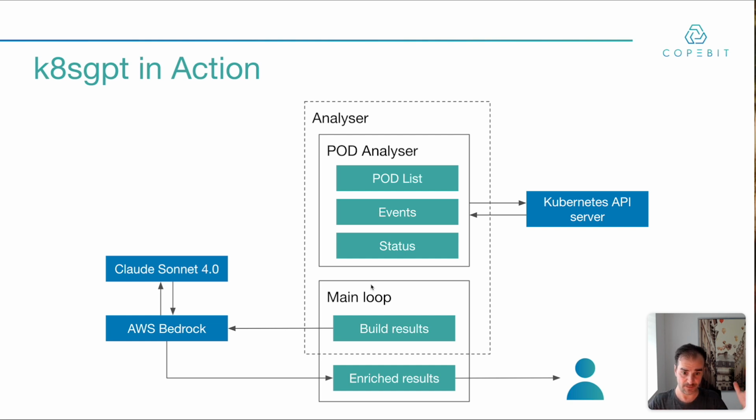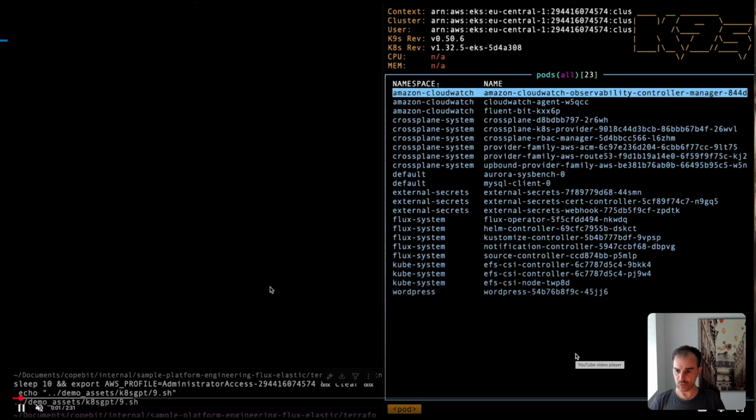So heaps of information is collected, compressed together, sent to the Bedrock service. The large language model will crunch through the data and give you some advice back. And that is actually then consumed by you and gives you actionable insights into how you could fix the Kubernetes cluster very easily. So let's look at that in a demonstration, how that works.